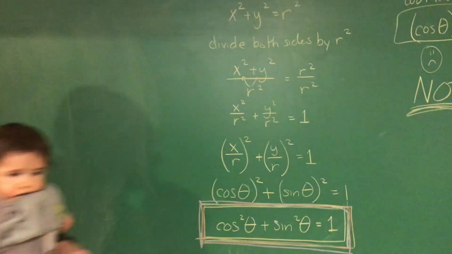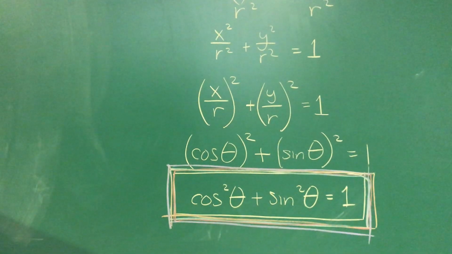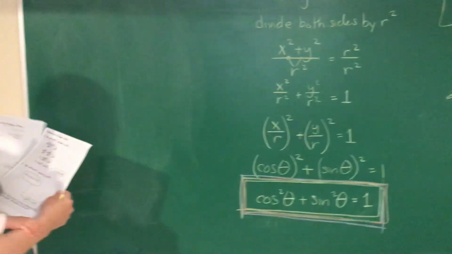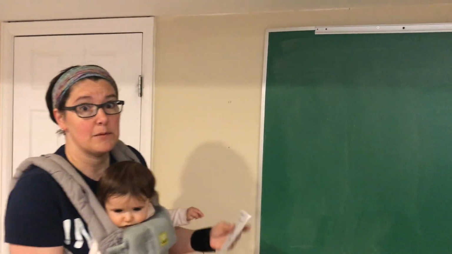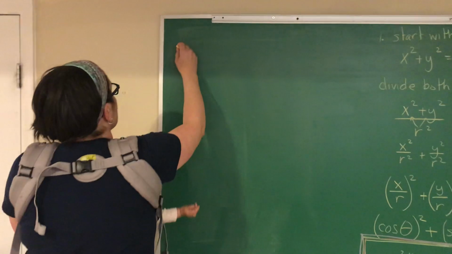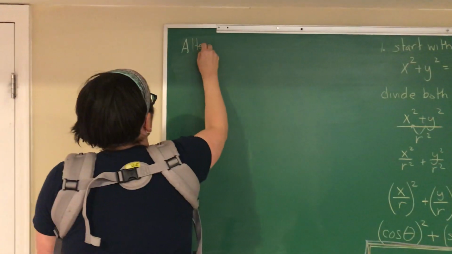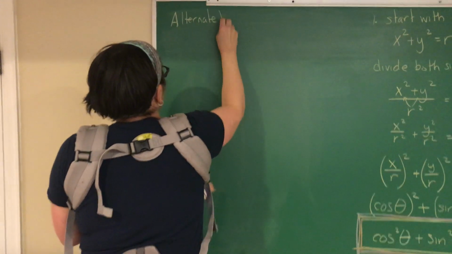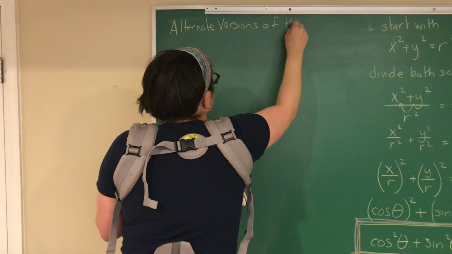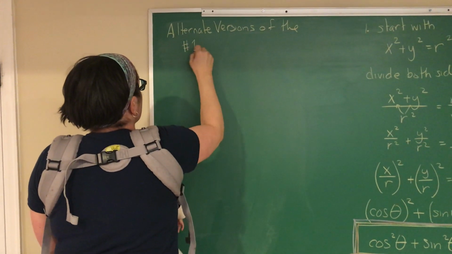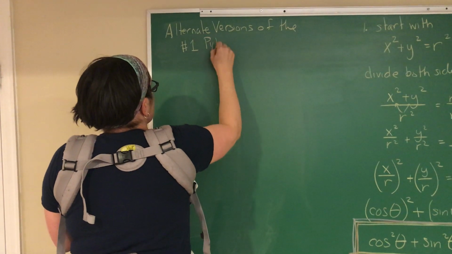Cosine squared theta plus sine squared theta equals 1. All right, so the other two Pythagorean identities that I want to talk about, I think of those as alternate versions of the number 1 Pythagorean identity.